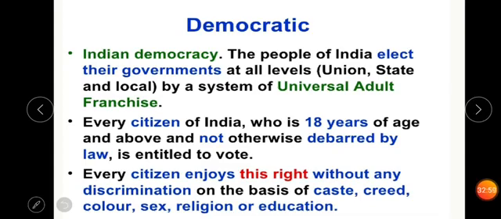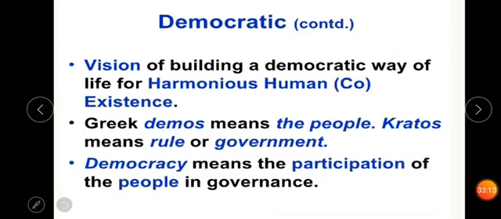Every citizen enjoys their rights without any discrimination on the basis of caste, creed, color, sex, religion or education. This was the parameter in the Indian democratic system, with the vision of building a democratic way of life for harmonious human coexistence.